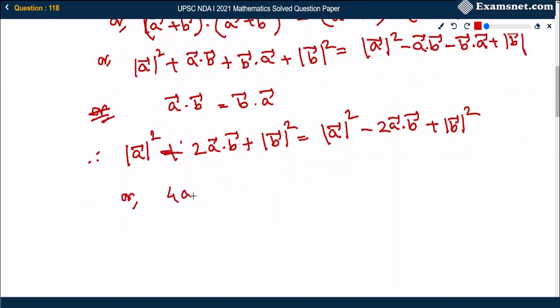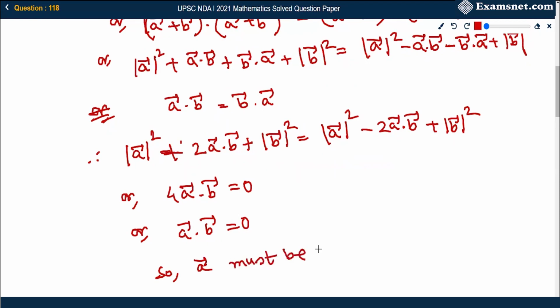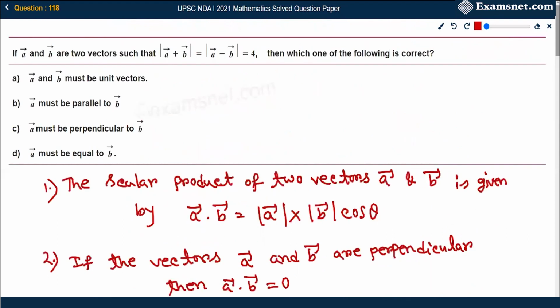Now we can write 4 times A dot B equals 0. That means scalar product of A and B equals 0. So from it we can imply that vector A must be perpendicular to vector B. Here option C, A must be perpendicular to vector B. Option C is the correct answer.